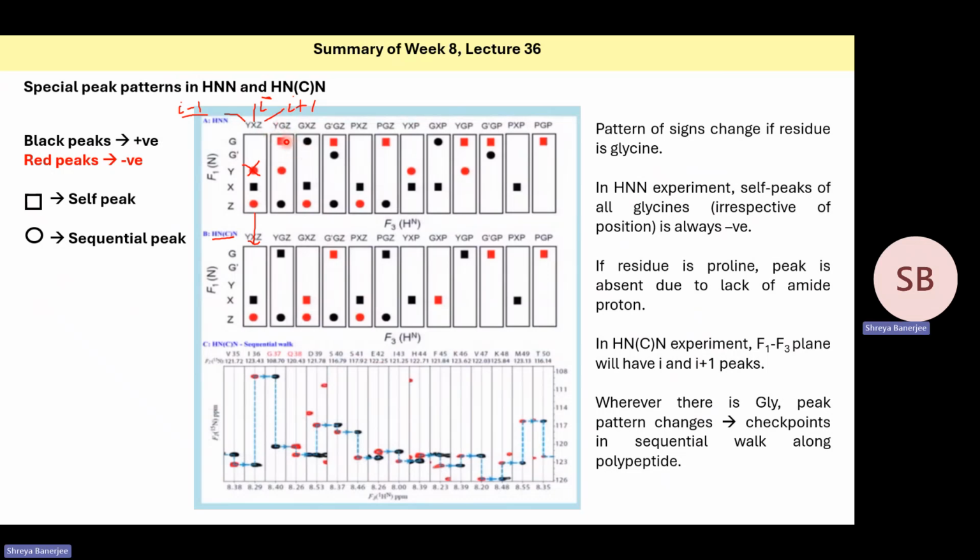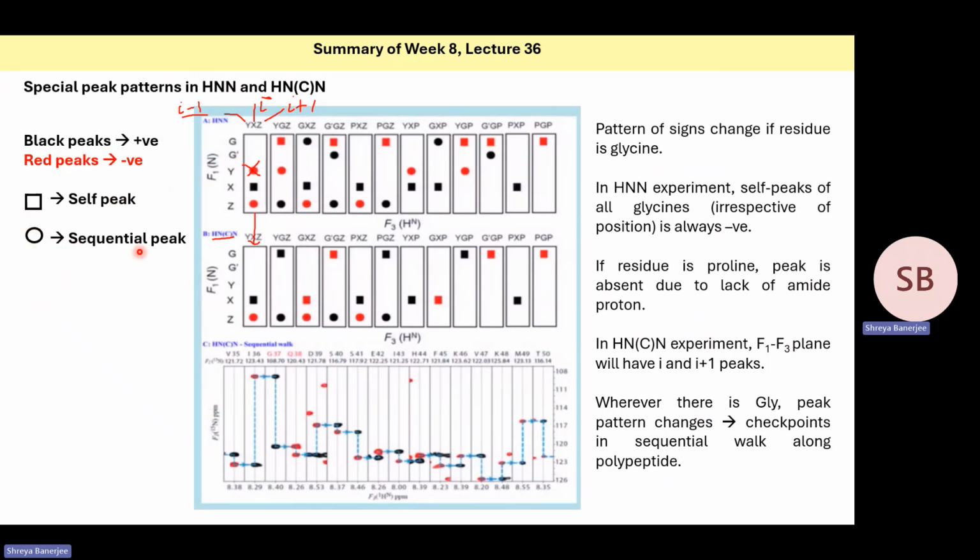Another difference is that in a general tripeptide, the two sequential peaks, I minus 1 and I plus 1, were negative. When glycine is in the I position, the peak for Y, that is I minus 1, is negative and I plus 1 is positive. So in all the cases, black represents positive, red represents negative, square represents self peak, and circle represents sequential peak.